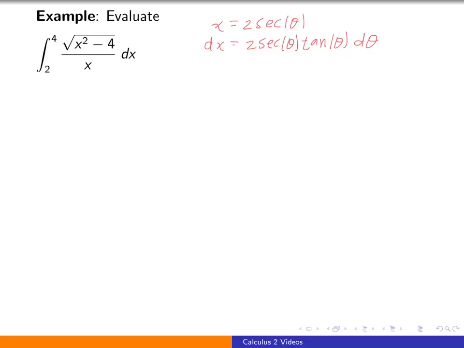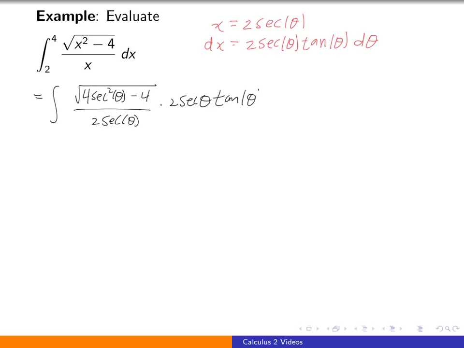So we need to take our integral solely involving x's and rewrite it so that it only involves the variable theta. So this is going to be the square root of 4 secant squared theta minus 4, divided by x, which is 2 secant theta, multiplied by dx, which is 2 secant theta tangent of theta d theta.